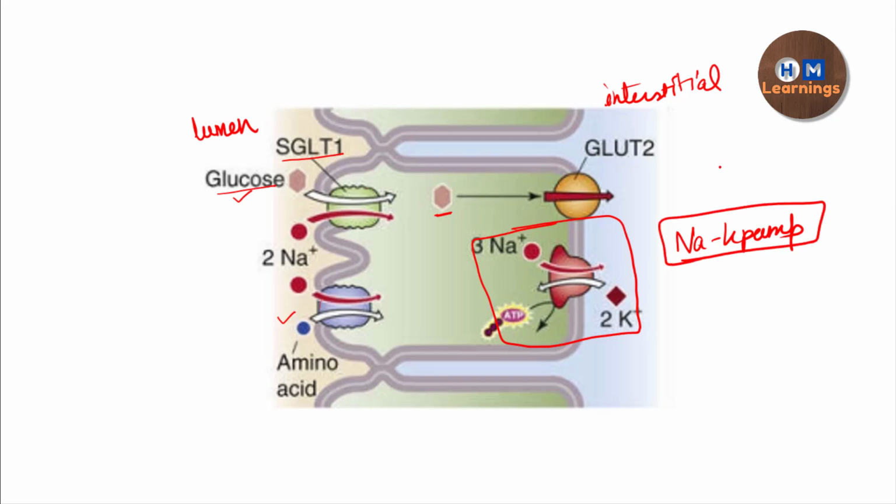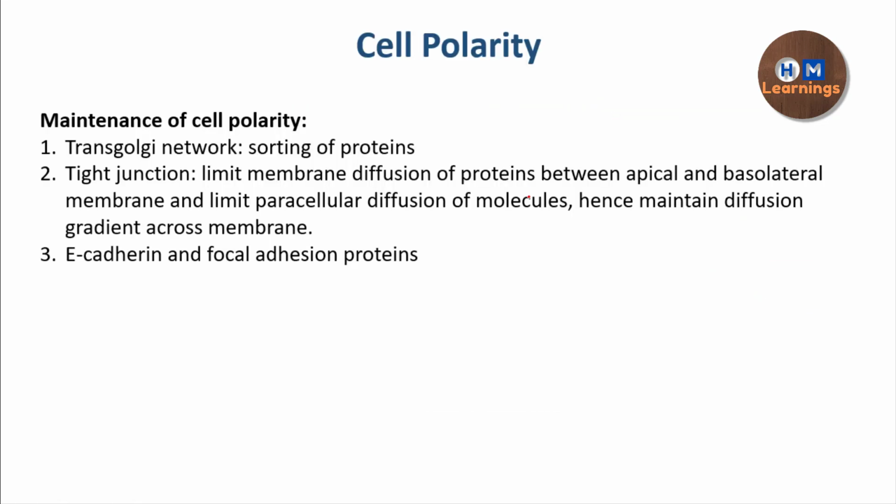As I said, the basal infoldings and the lateral interdigitations increase the surface area of the lateral and the basal membrane. They actually increase the number of sodium potassium ATPase pumps because they have a role in secondary active transport. This makes sure that against the gradient there can be a transport of glucose and other essential ions or compounds inside the cell.